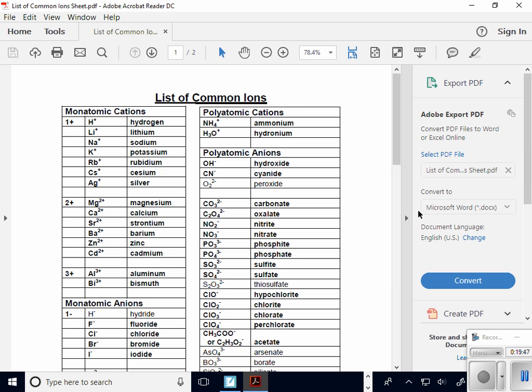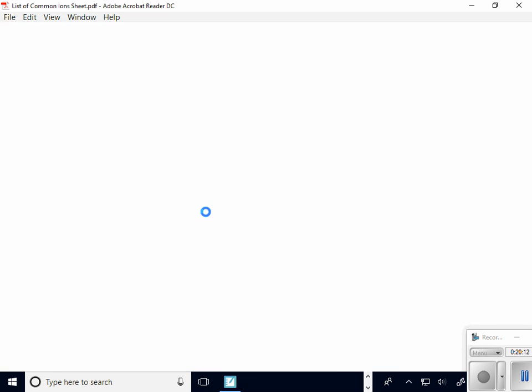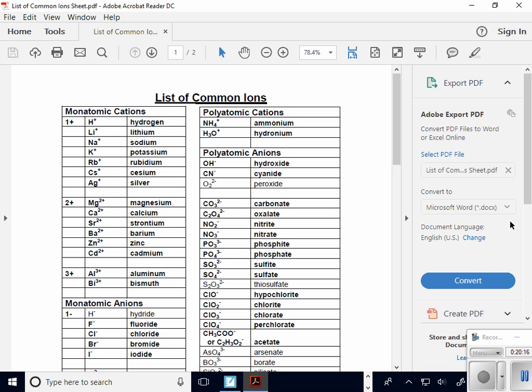I can't even move it. But on the back of that, there is a little periodic table. Oh yeah, now it moved.